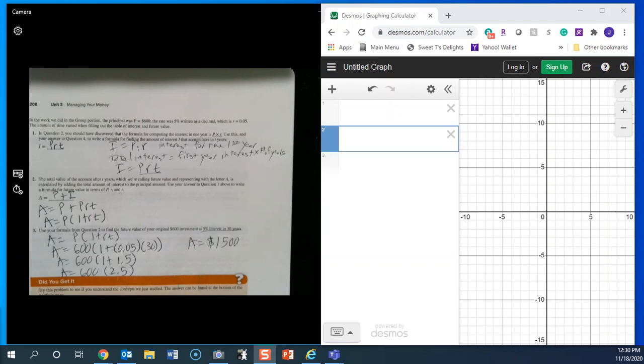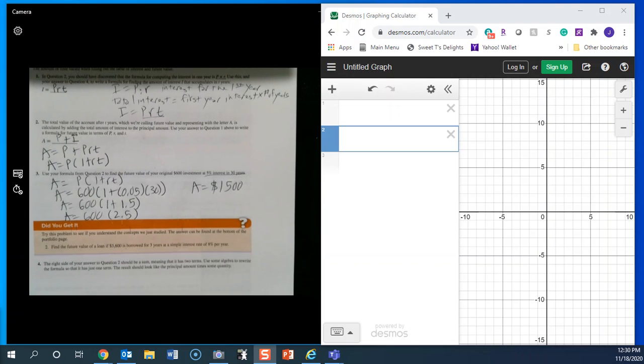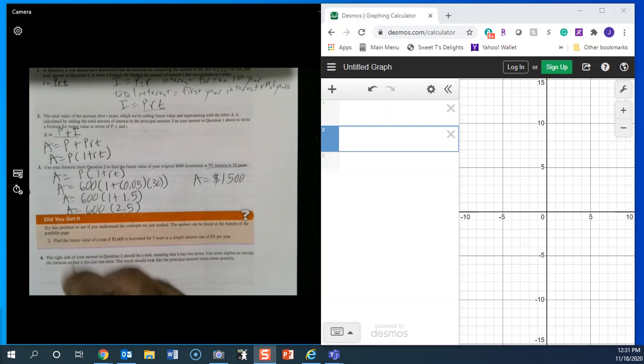All right, now, number 4. The right side of your answer to question 2 should be a sum, meaning that it has 2 terms. Use some algebra to rewrite the formula so that it has just 1 term. The result should look like the principal amount times some quantity. Okay, listen, we already did that.